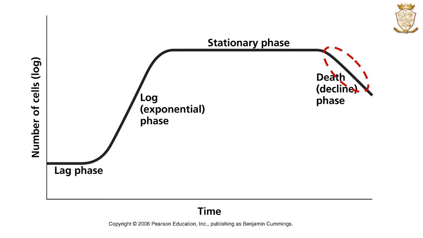During this phase, the bacteria will die off rapidly and the curve turns downwards, and soon the population reaches its decline. So, in a growth curve, these are the four distinct phases: lag phase, log phase, stationary phase, and death phase. And we get a growth curve when we plot the time of incubation versus the number of cells or the population size.